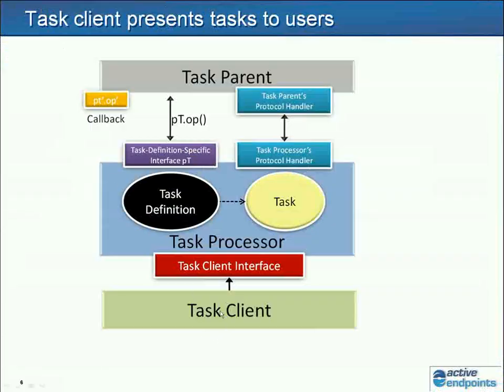And the task client talks to the task processor through a task client interface. This is the API, a web service API between two different pieces of the task management system, the client and the processor.